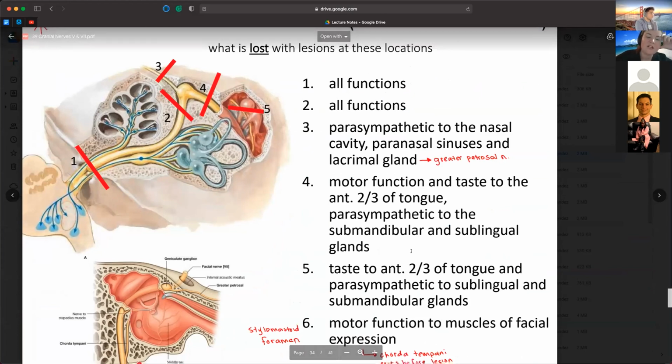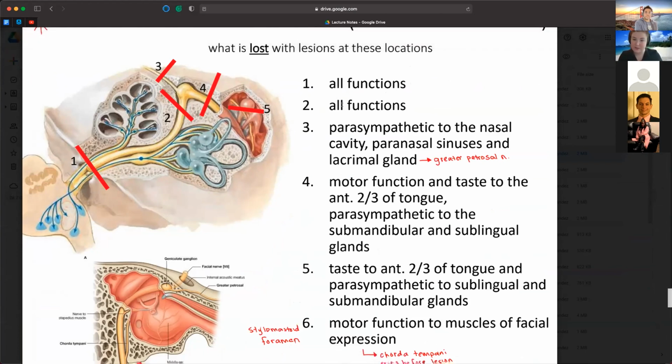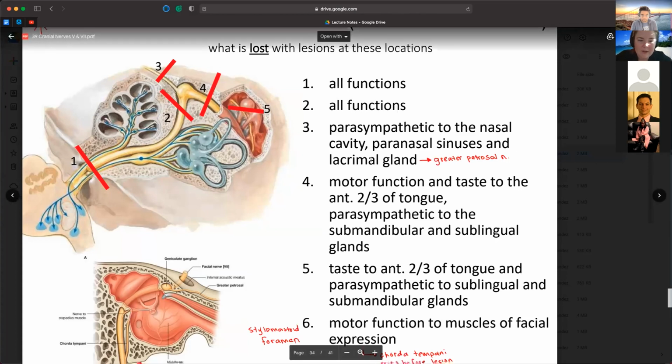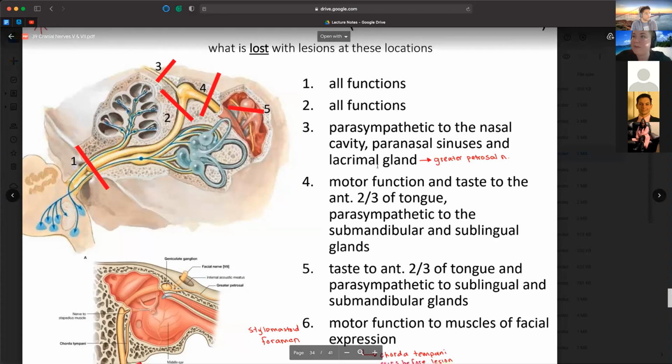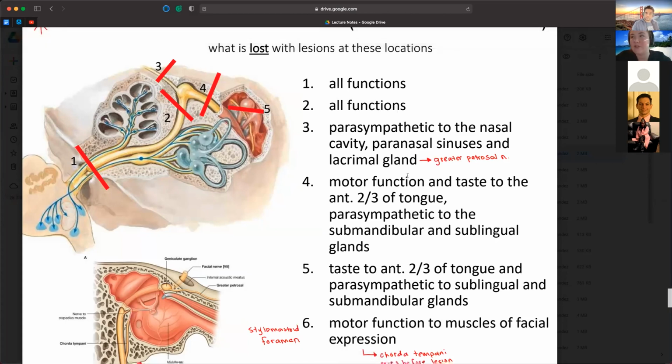You need to understand at what area you are going to get certain symptoms with a lesion. They love to do the one with the chorda tympani. They love to talk about the ganglion in here. That's a big one. Yes, lacrimal gland, greater petrosal nerve, that is extremely high yield. They will not use this image, unfortunately.